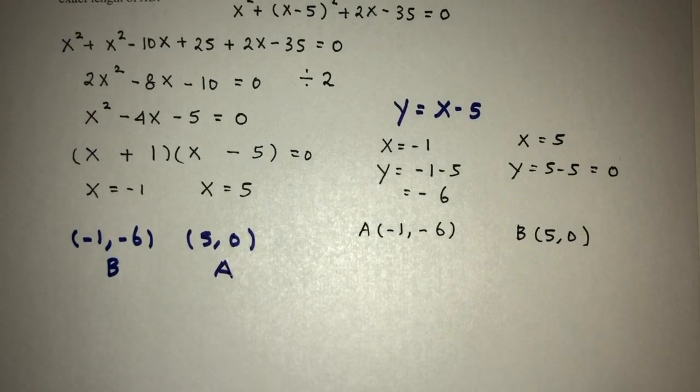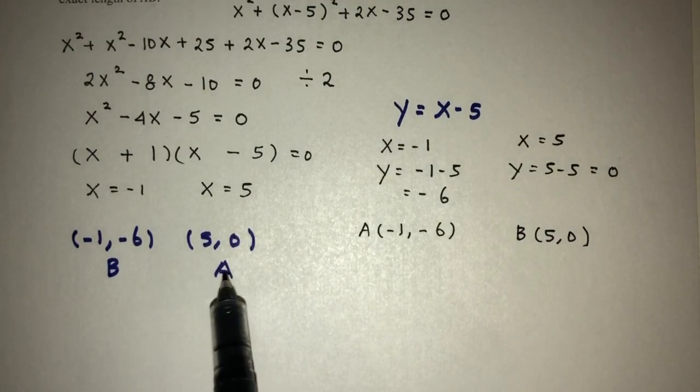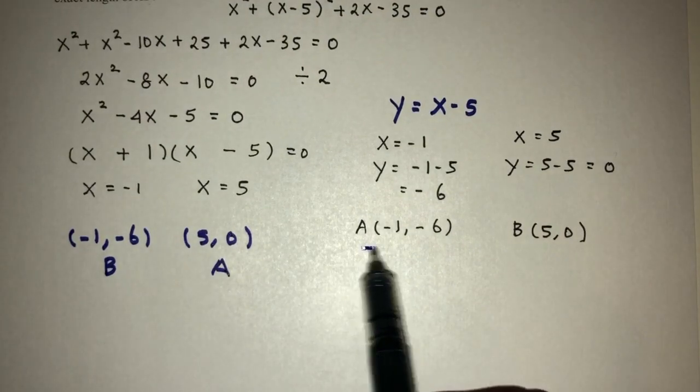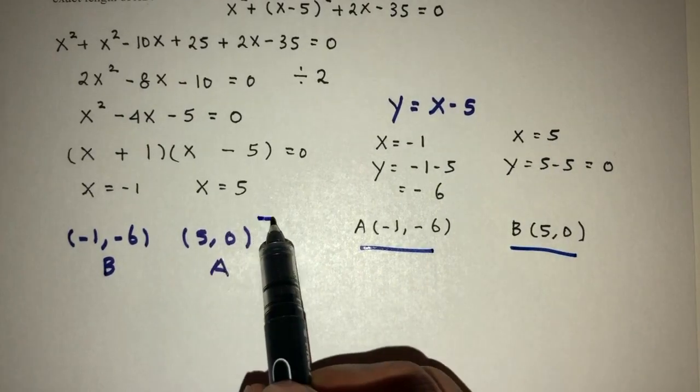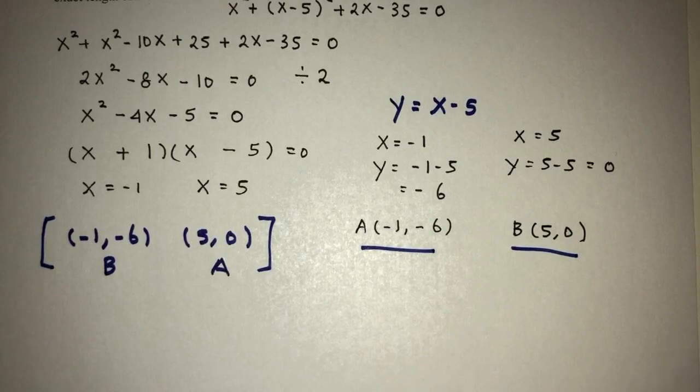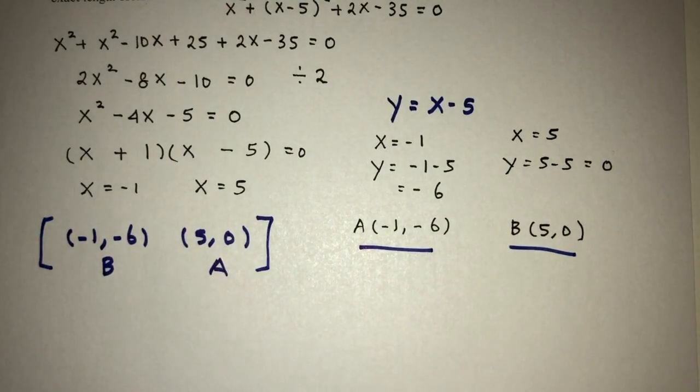In the same way, in the alphabet, A comes before B. So that's why we have to put A for the first one and B for the other one. So this will be your answer. This is just a side note for those of you who are confused about why it can't be the other way around. It is because of the order of letters and numbers. That will be the 2 points.